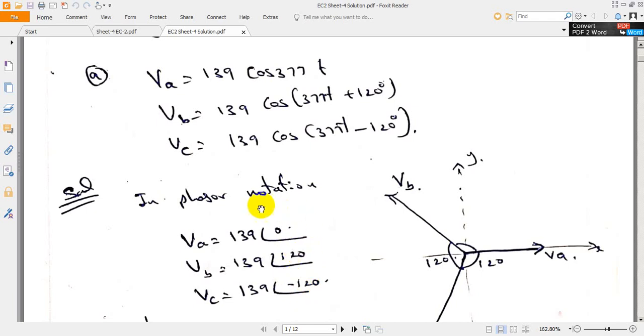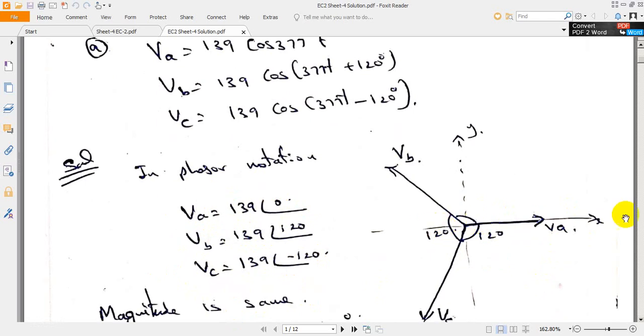To identify them, we need to represent these vectors on an xy plane. If we represent them on the xy plane, say this is the x and this is the y, VA with a magnitude of 139 at an angle of 0.